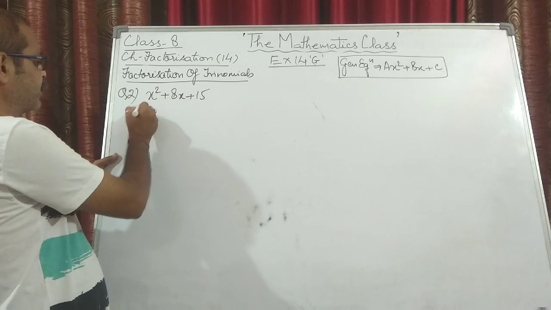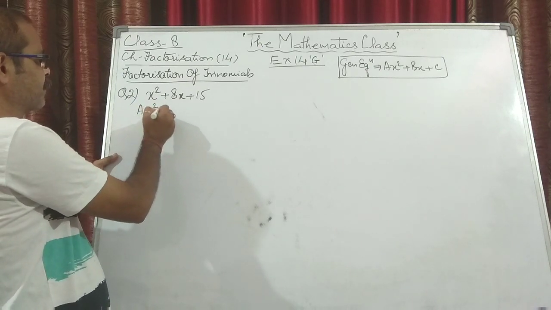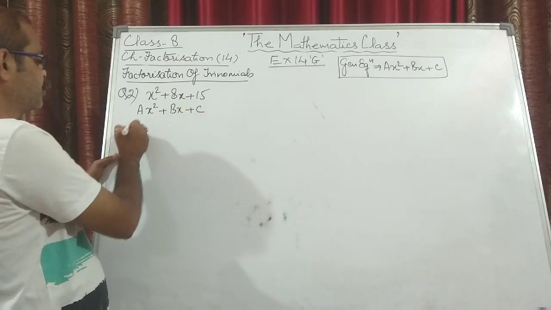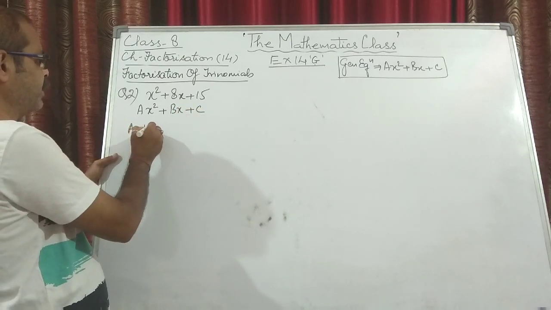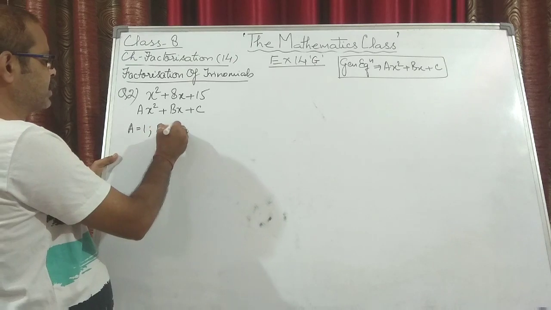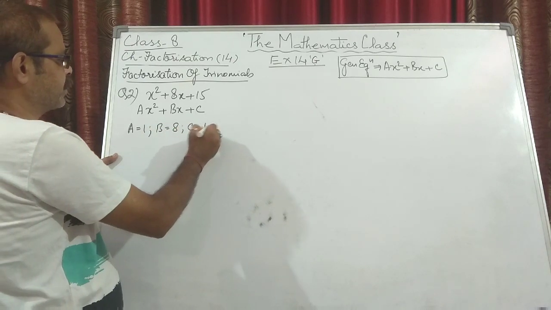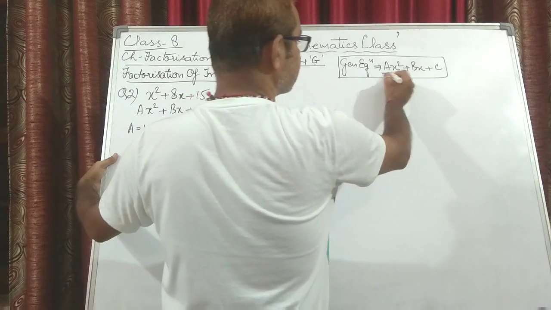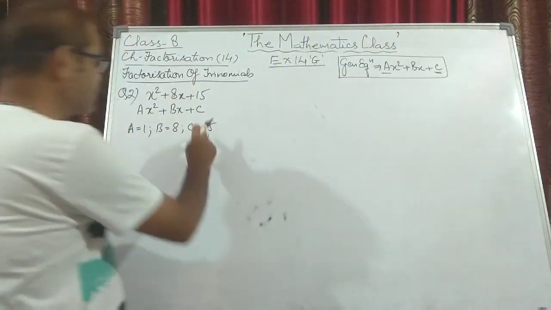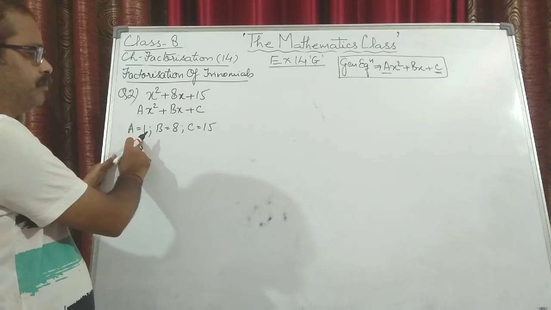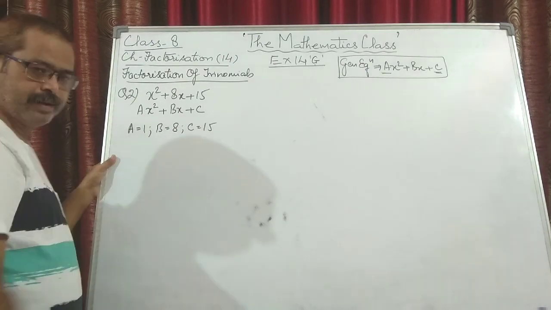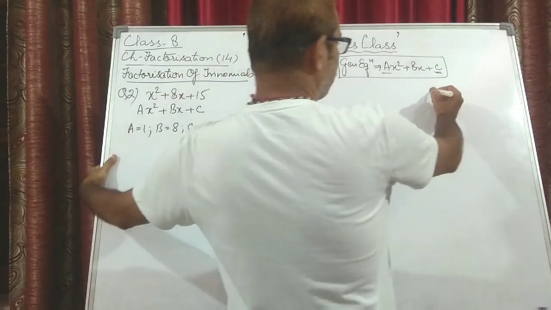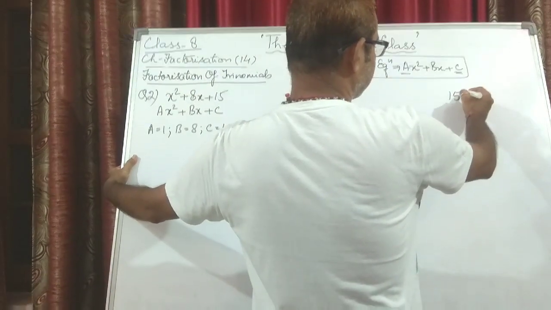If you compare it with ax square plus bx plus c, you will get a as 1, b as 8 and c as 15. What was told to you? That a and c are multiplied, so 15 into 1 is 15.